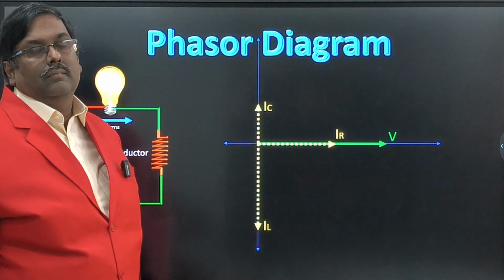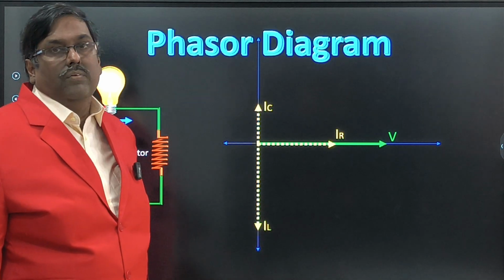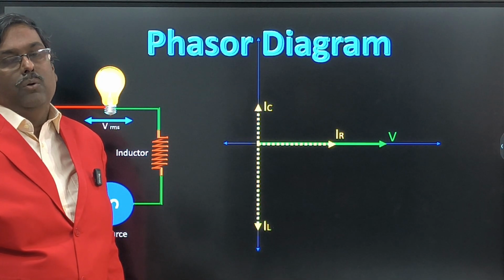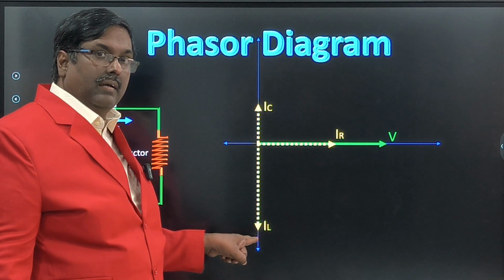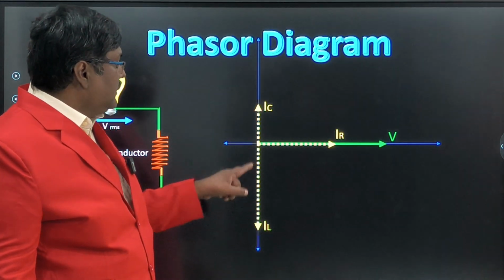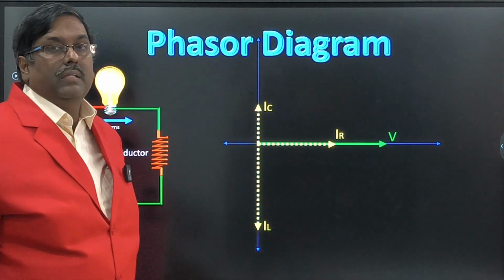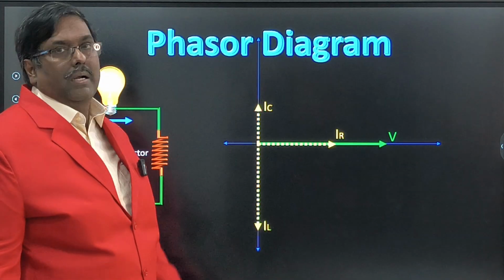Because the phasor diagram always rotates anti-clockwise, if it is rotating in this direction, this is lagging, correct? This will become late, so I put it in the downward direction. The capacitive I put in the opposite direction, it will be leading. That is why I put it in the upward direction, 90 degrees.